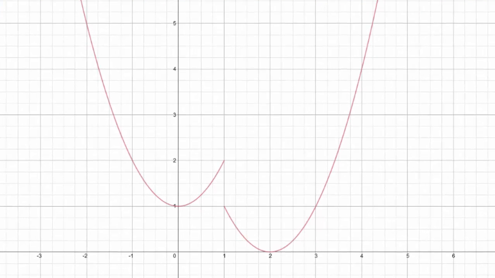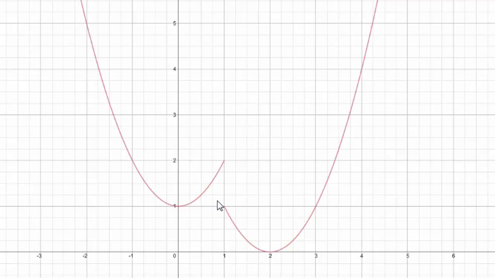If we take a look at a graph of that particular piecewise function, notice the change occurs at x equals 1. When x is less than 1, we get that graph of x squared plus 1. That's our basic parabola shape shifted vertically up by 1. And if x is greater than 1, we get (x minus 2) quantity squared, which is the parabola shifted 2 to the right.